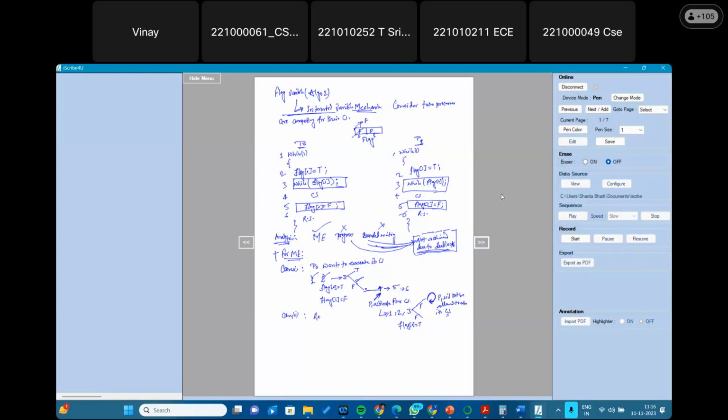Case 2 is the reverse of the above scenario, meaning P1 wants to execute its critical section, 1, 2, 3. So there is no difference between case 1 and case 2.